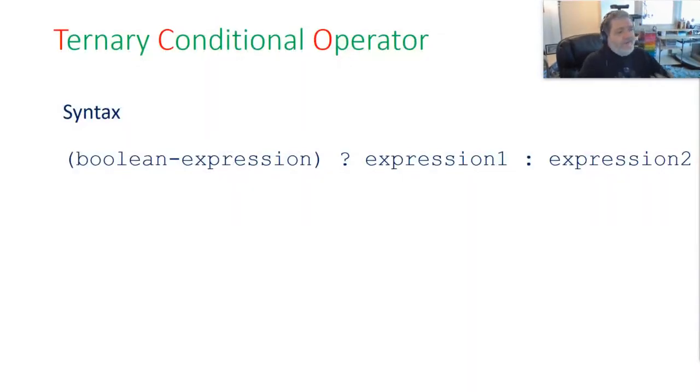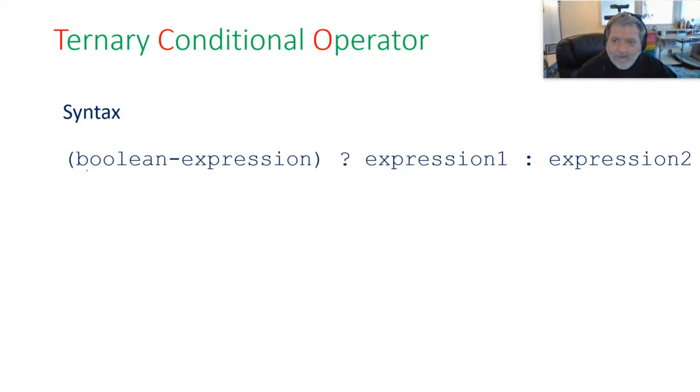So the first new syntax that I'm going to introduce is called the ternary conditional operator. So it's an operator, right? Actually, that's an operator that's written using 3 symbols. That's kind of weird. But it's an operator. It's a conditional operator. That means it allows us to test an expression. And my Boolean expression is going to be somewhere in here.